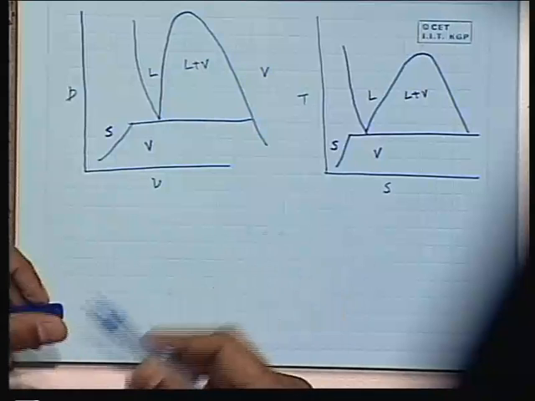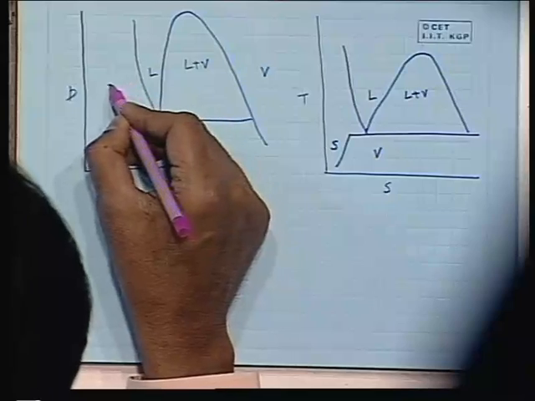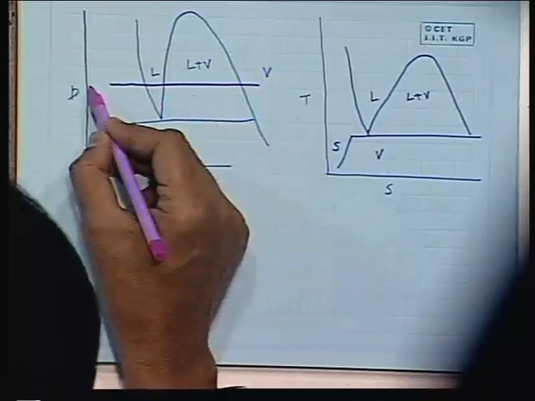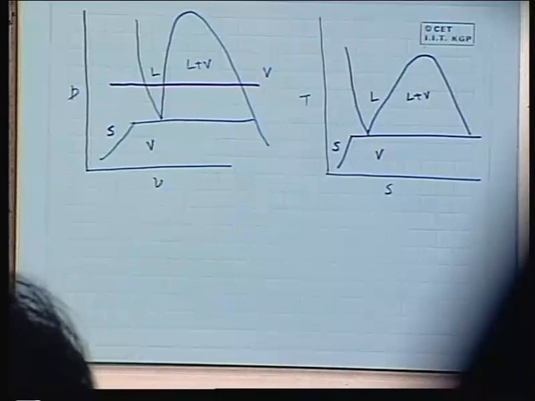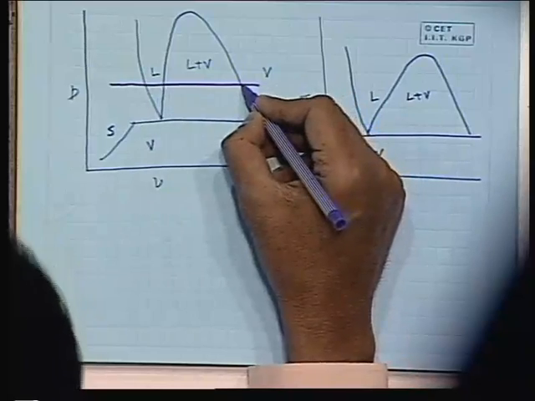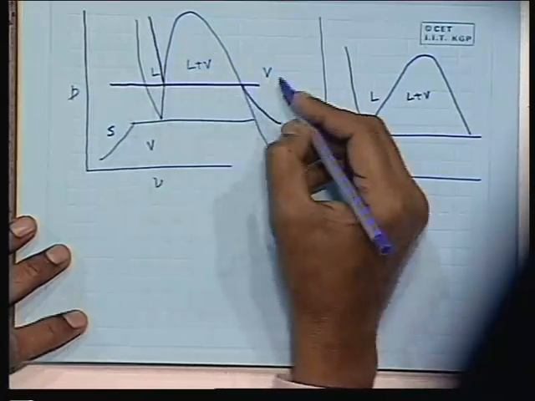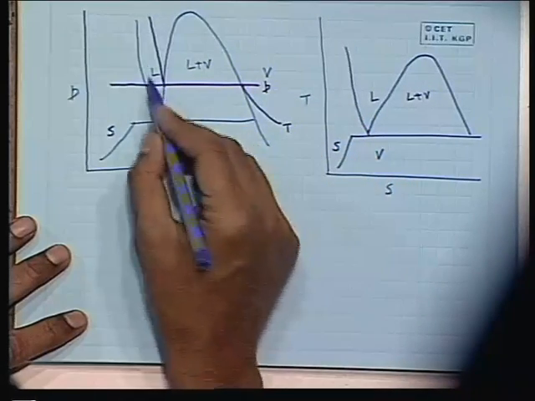Now here we see that if we denote the pressure, for example, at a given pressure, this is the constant pressure line. The saturation temperature for this pressure is the isotherm which coincides with this pressure line in the vapor dome. That means if this is the pressure, the corresponding temperature is this isotherm.